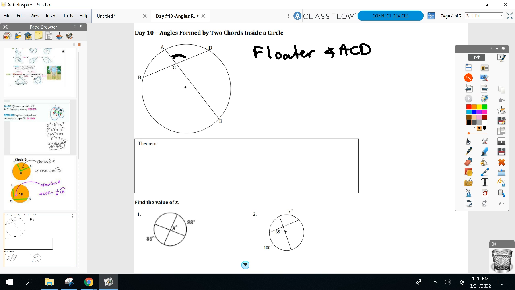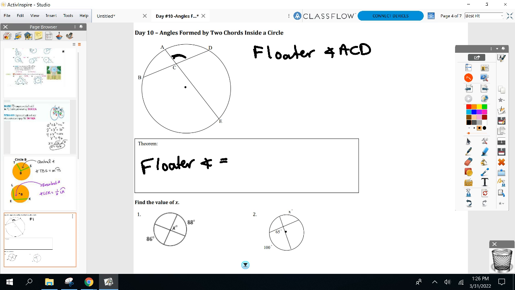A floater angle is an angle formed by 2 chords. How do I find it? I know central's equal, inscribed is half. Floater angle, let's just get right to it. No fancy theorem here today. It's a little bit more involved though, so suck it up.